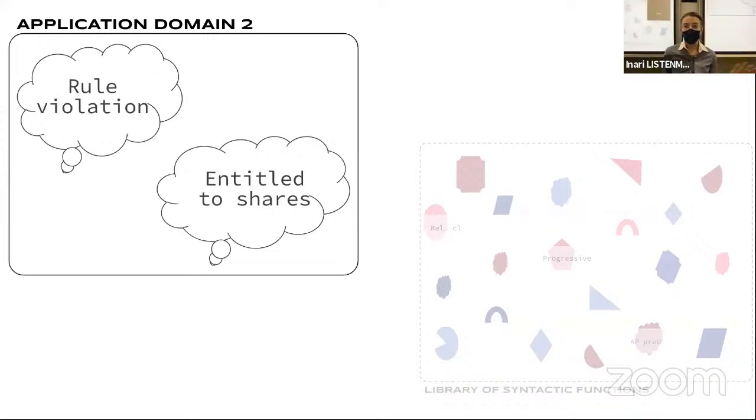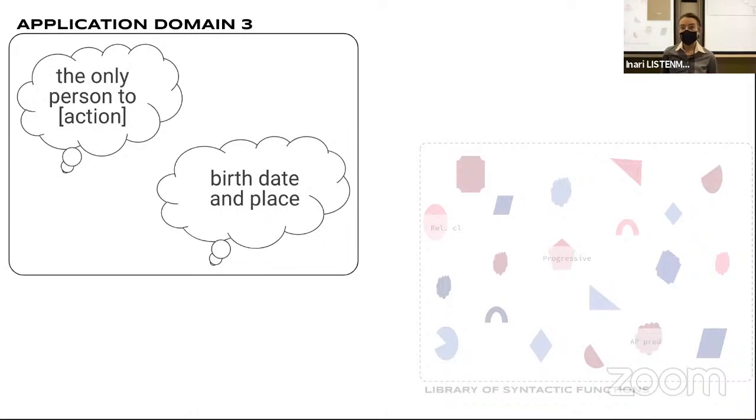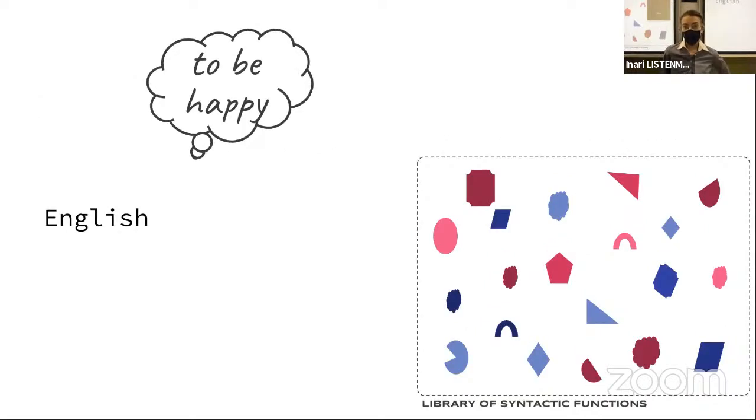Or the application domain could be something like computational law, where we want to encode things like rule violations. Or the domain could be something like encyclopedic text. And what do we have? We have the abstract idea of the semantic concept, and we use this library of syntactic functions to implement that.